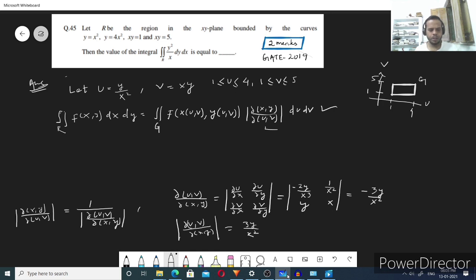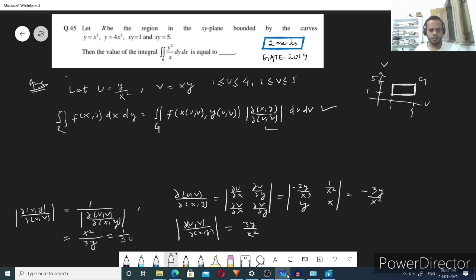So the reciprocal is 1 by 3y into x square, which I have to write like this. But in place of x square by y, I can write 1 by u. That's why it becomes 1 by 3u.